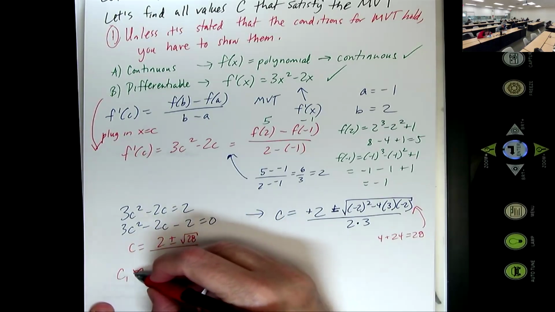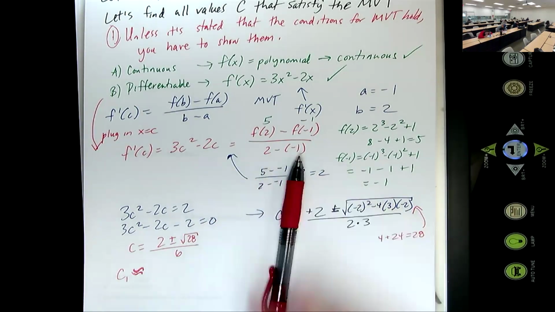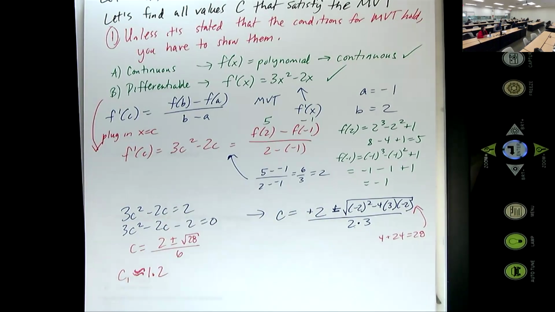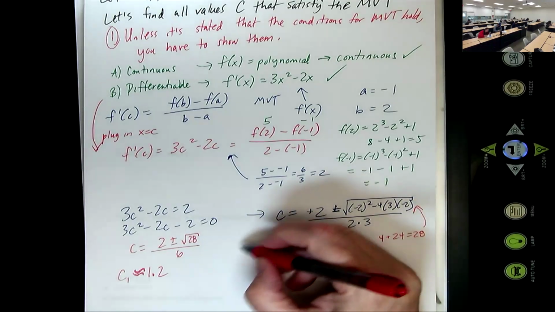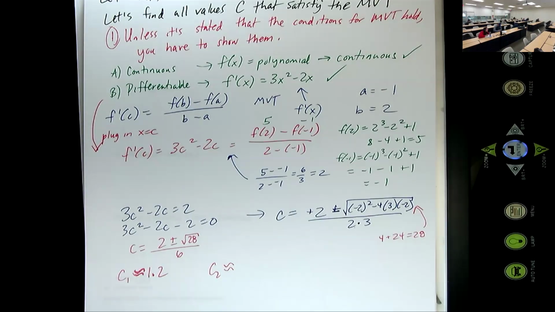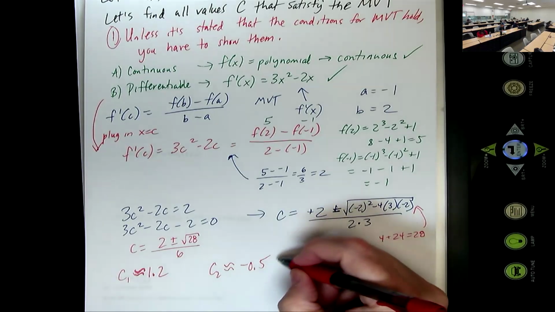C1, if we do the plus: 2 plus square root of 28 divided by 6, approximately 1.2. And C2 is the negative version: 2 minus square root of 28 divided by 6, approximately -0.5.